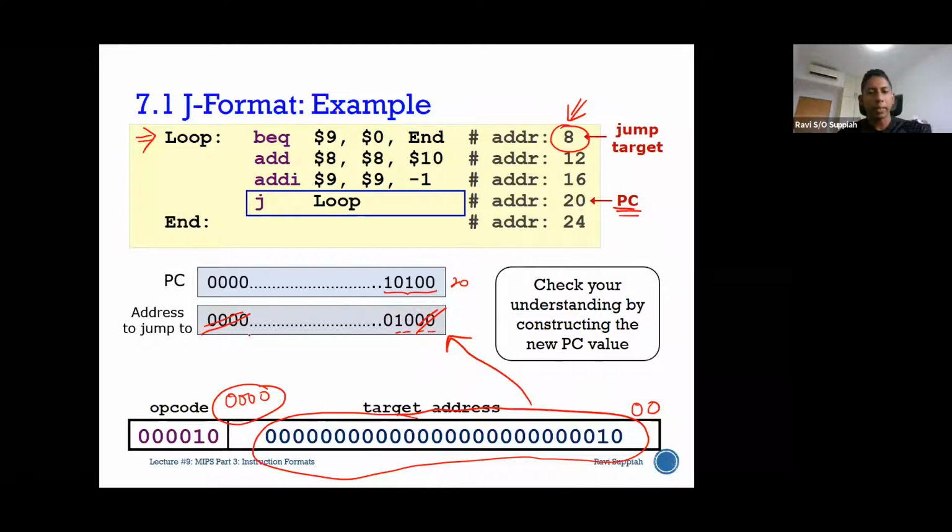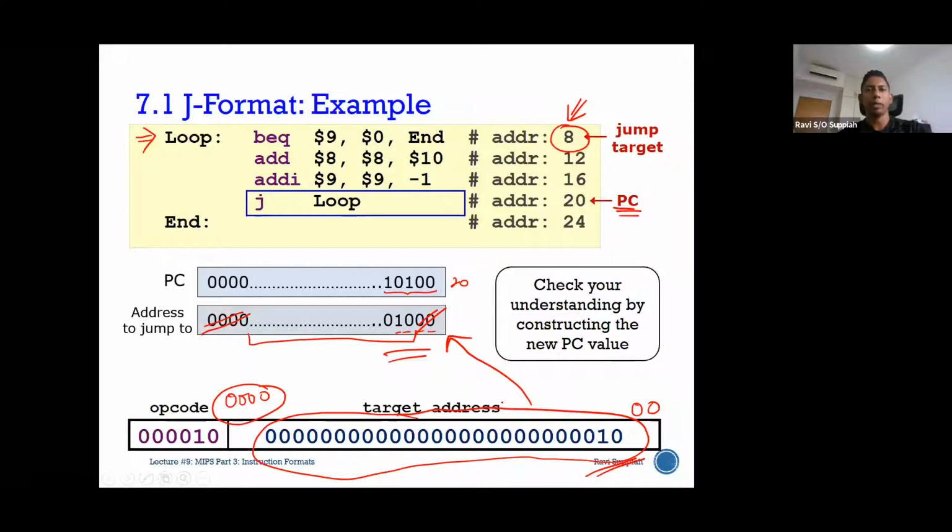Whatever is remaining is the part that is actually going to be encoded as part of the jump instruction. That is what you see over here. The last 3 bits are 0, 1, 0. Of course, this is the encoding part.